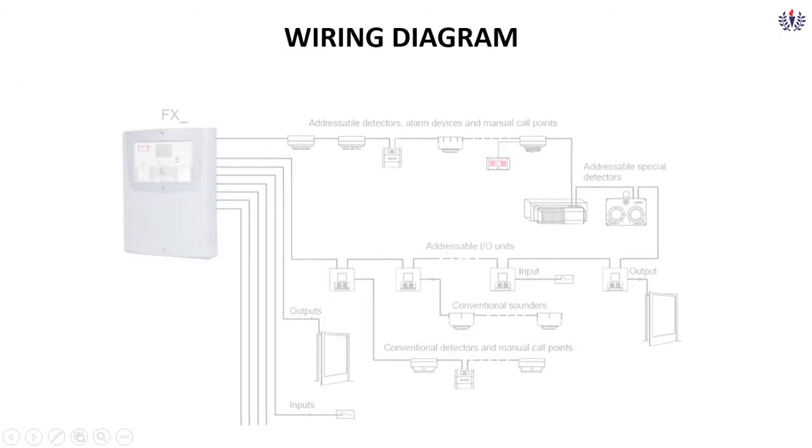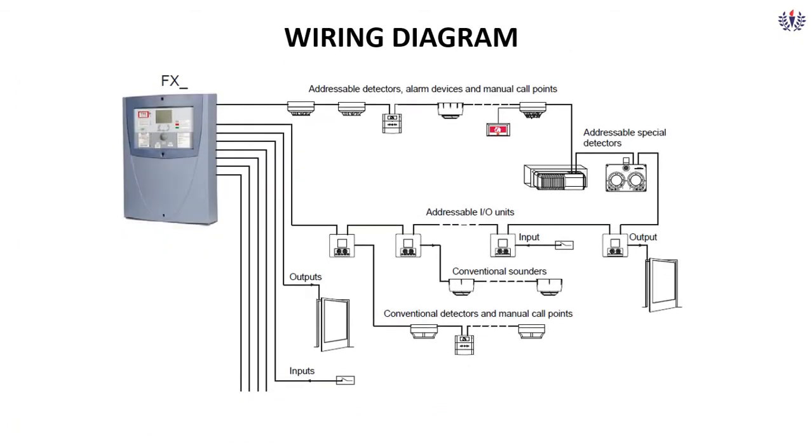So first we'll see the wiring diagram, how it is wired. This is the FX panel, where the fire alarm panel will be placed. In that, all addressable detectors, fire alarm devices and call points are connected in a loop. So maybe loop 1, loop 2. It can be connected in many loops.